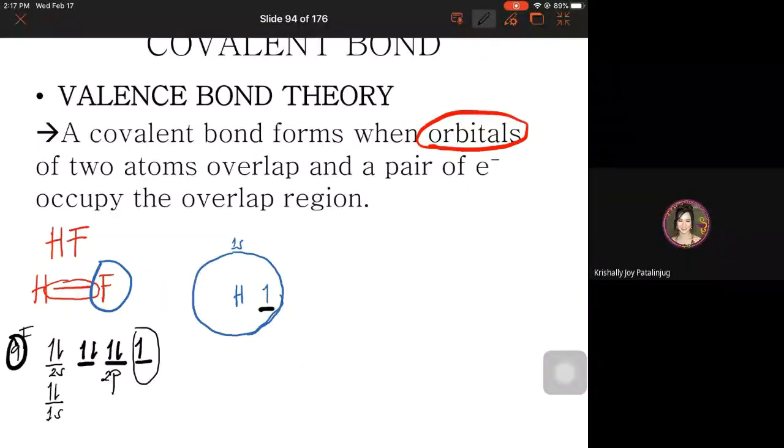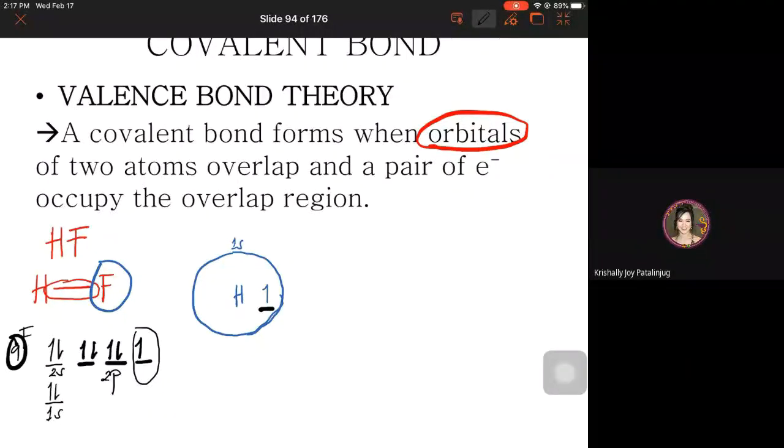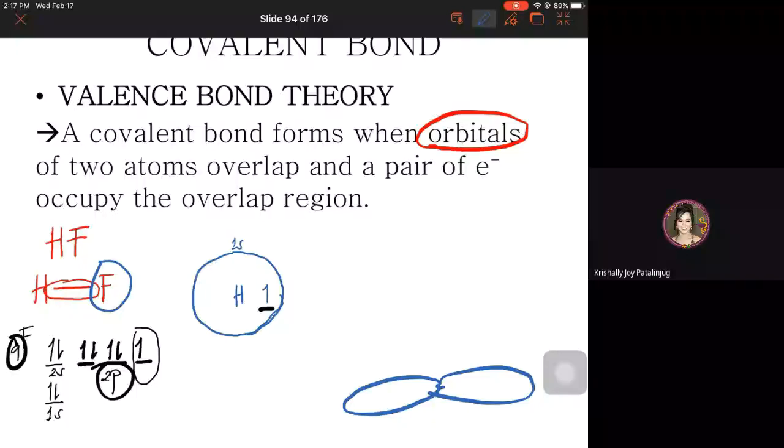But this time, yung shape ng orbitals that overlap is different kasi this is already a p orbital. And ano nga ulit yung itsura ng p orbital? Diba? It looks like a pair of lobes that extends along its axis. Say for example, you have a fluorine.